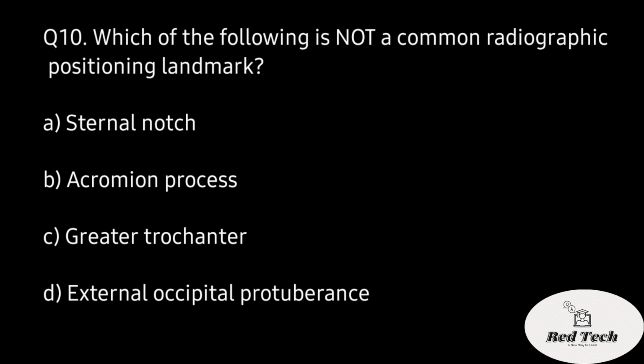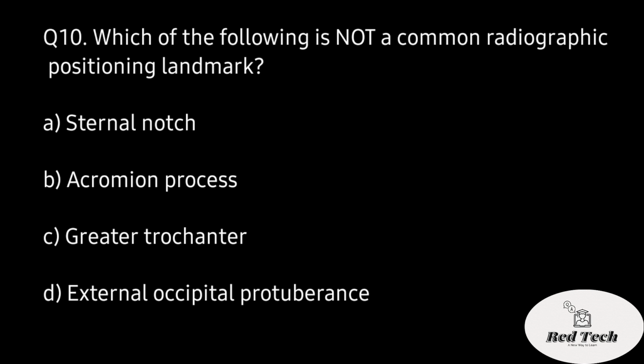Question number 10. Which of the following is not a common radiographic positioning landmark? In the given options there is one landmark which is not commonly used. The options are: option A, sternal notch; option B, acromion process; option C, greater trochanter; and option D, external occipital protuberance.